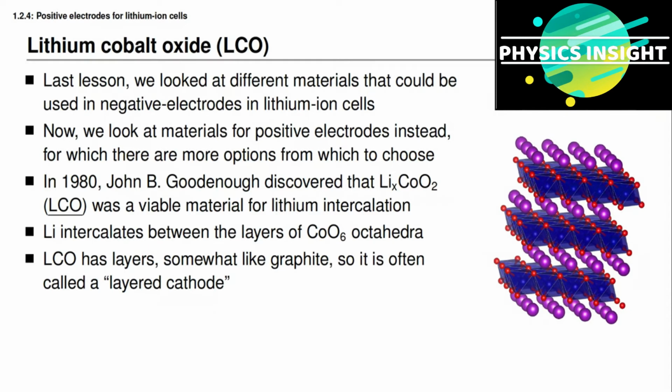The x in this formula is there to show that there is a variable amount of lithium in this structure. If there's no lithium at all in the structure, then x is 0. If the structure has as much lithium as it can possibly hold, then x is equal to 1. And if the structure has some amount of lithiation but not full lithiation, then x is going to be a number between 0 and 1.